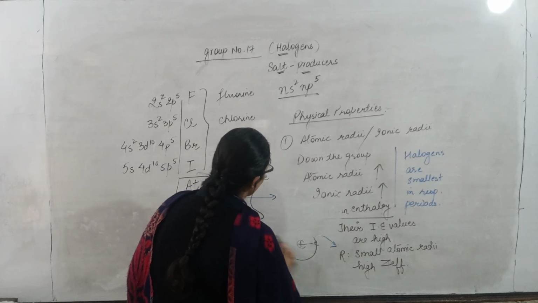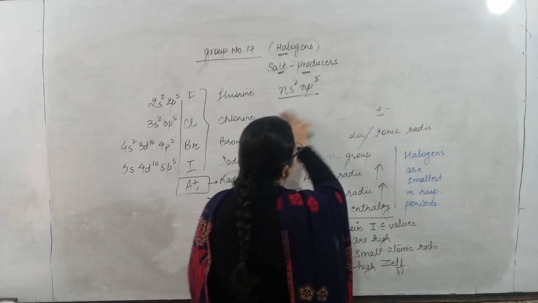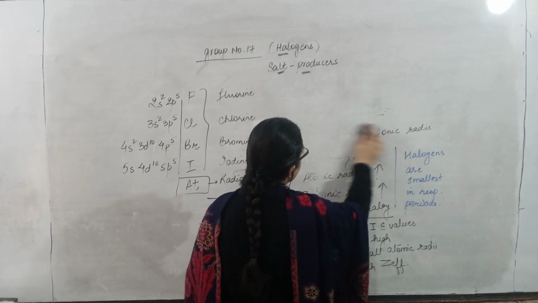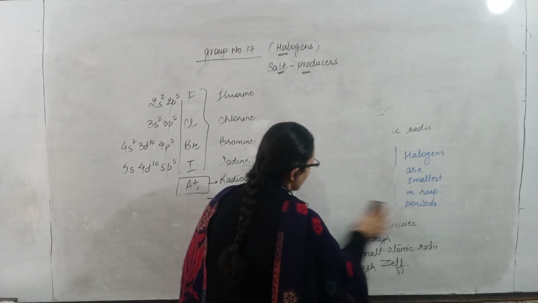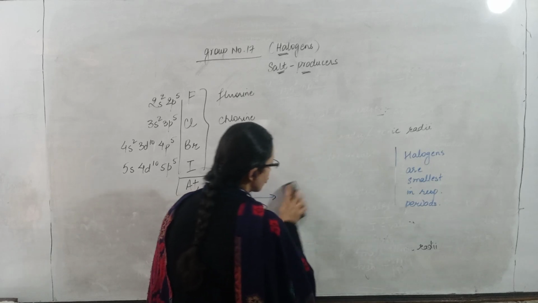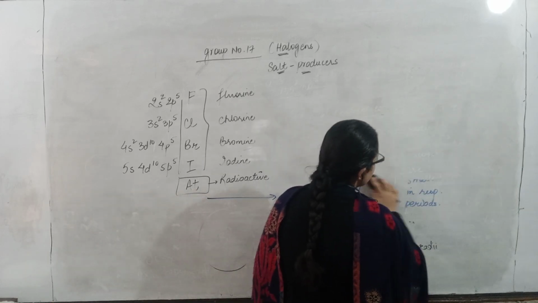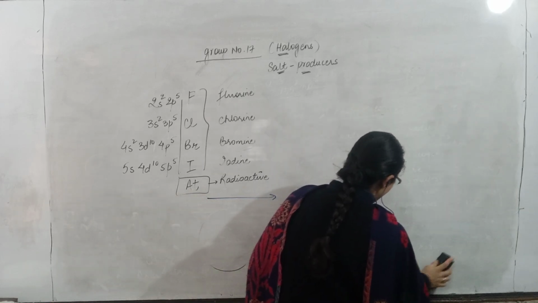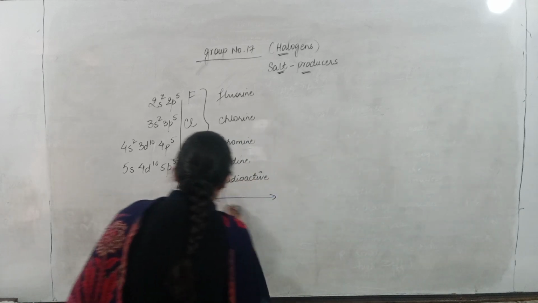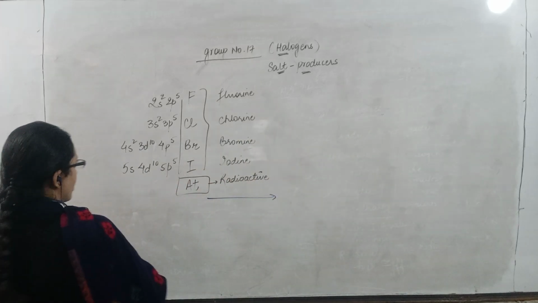Now let's see the trend down the group. What will happen down the group? Down the group, as the size increases, it will be easier to remove an electron. As the size increases, the force of attraction between the nucleus and electron will decrease.